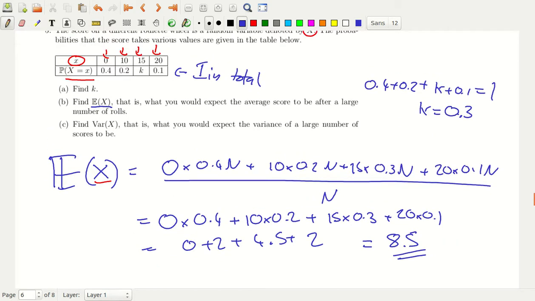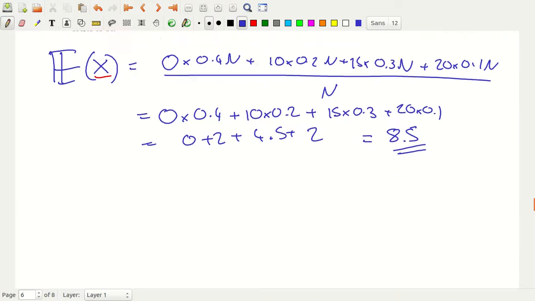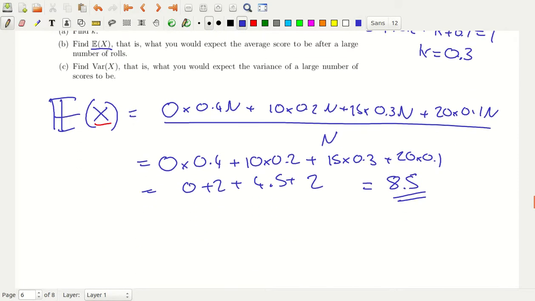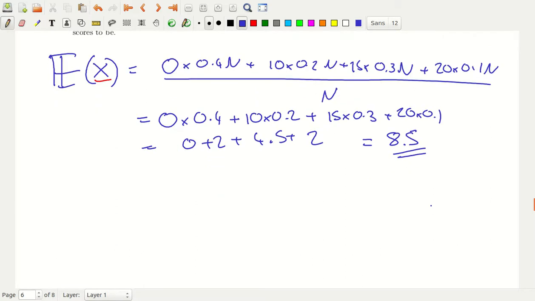Okay. So now we'll do the variance exactly the same way. Slogan: mean of the squares minus the square of the mean. I will do it with the n's, but you'll see the n's cancelling. So we would expect there to be 0.4n zeros if you spin the wheel n times. So the mean of the squares would be 0 squared times 0.4n plus 10 squared times 0.2n.